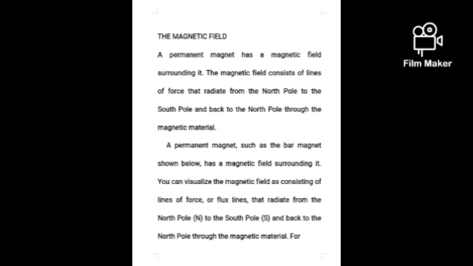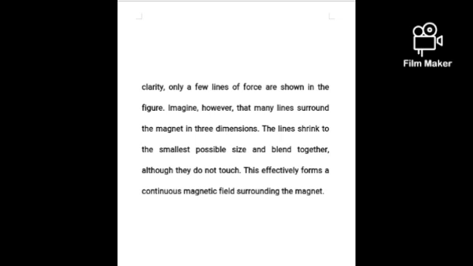Okay, now we are told that a permanent magnet has a magnetic field surrounding it. Now the magnetic field consists of lines of force that radiate from the North Pole to the South Pole and back to the North Pole through the magnetic material.